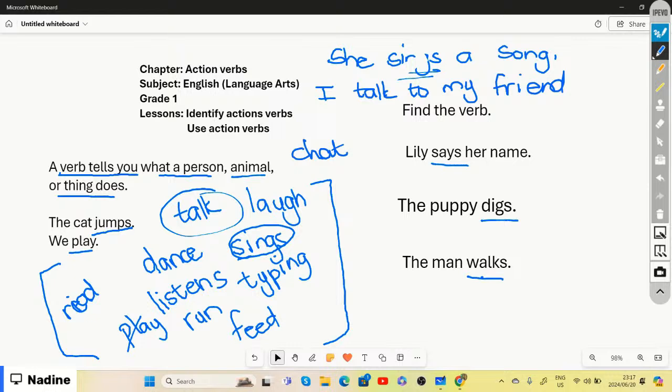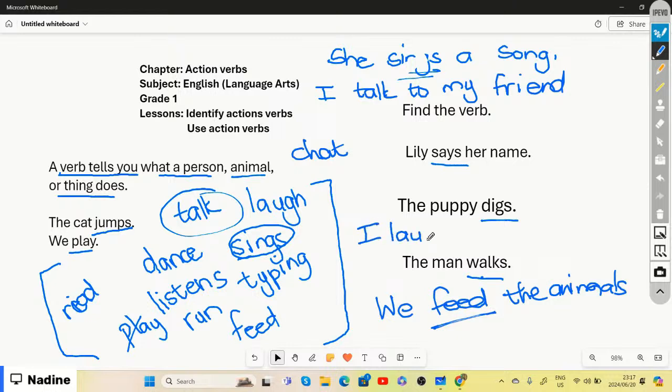So that is how we can use action verbs. I ran to the shop or I ran home. We feed the animals, right? Which means that is also an action verb that we have identified within that sentence, right?